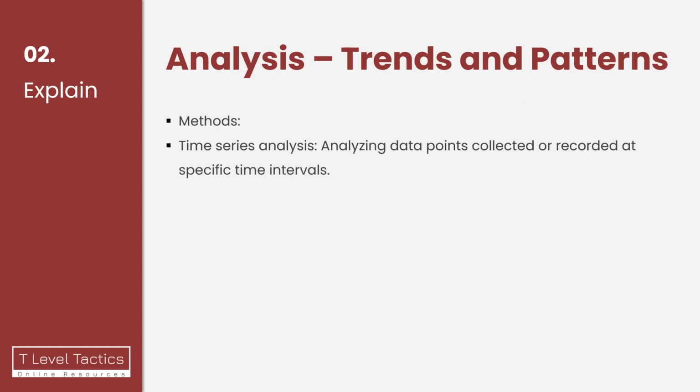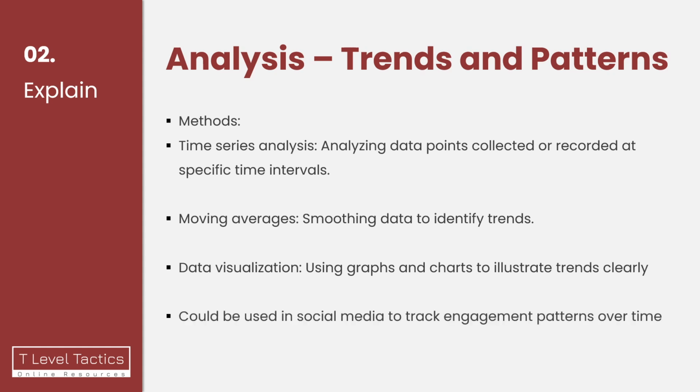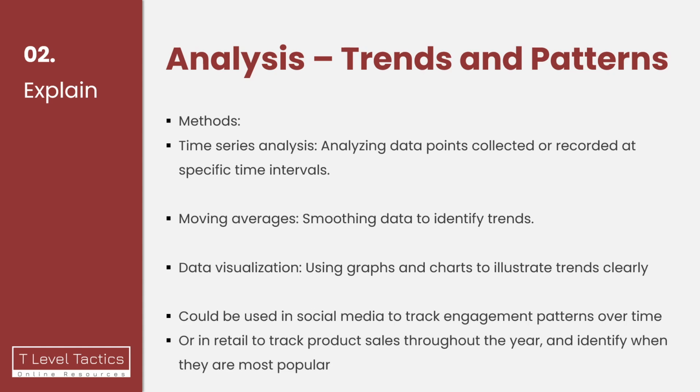We could use time series analysis, which is analysing data points collected or recorded at specific time intervals. We could use a moving average to smooth data to identify trends, and some data visualizations using different graphs and charts to illustrate these trends. We could use this in social media, for instance, to track engagement patterns over time, or in retail to track product sales throughout the year and identify when they're most popular.